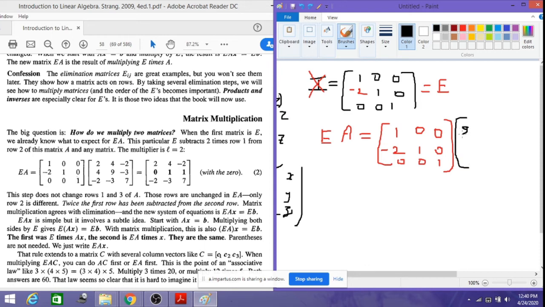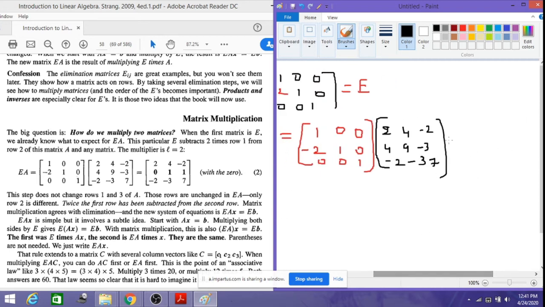With this, my coefficient matrix, that is A: 2, 4, minus 2, then 4, 9, minus 3, and minus 2, minus 3 and 7. When you multiply this, when the first value is 1, I get back my first row as it is.